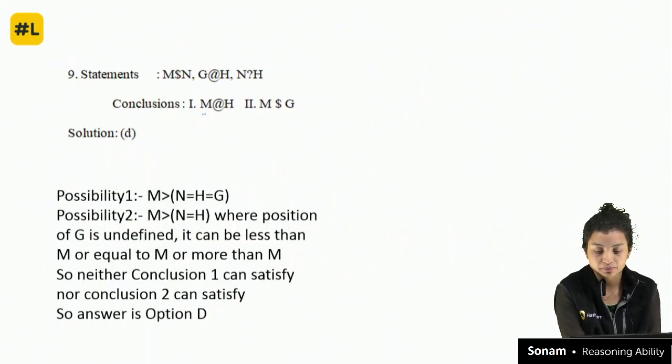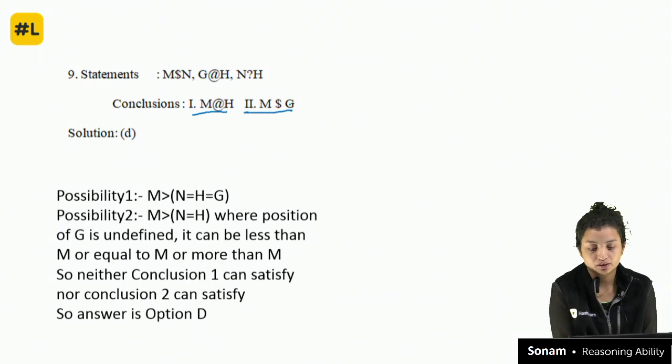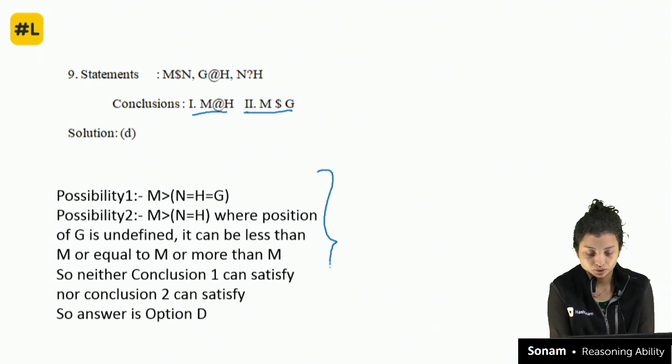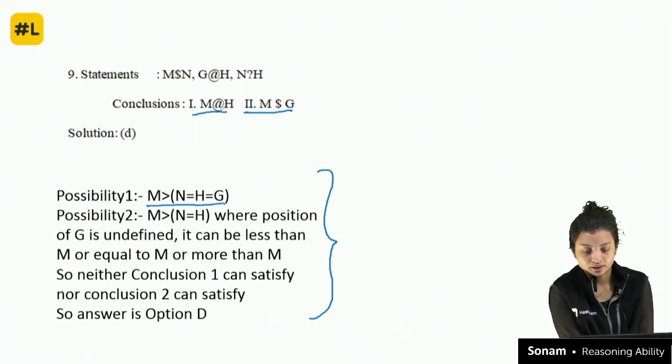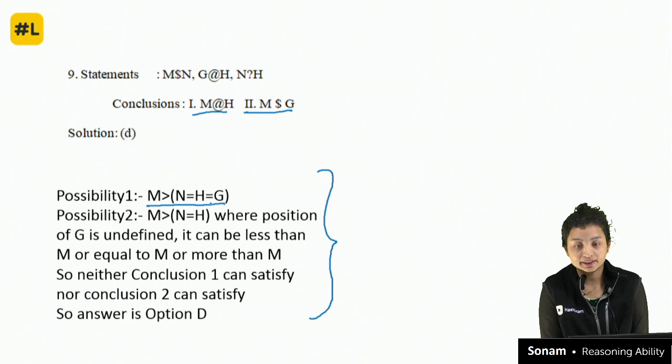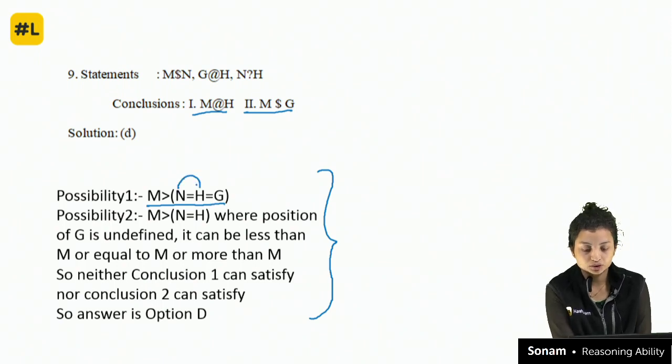So these are the statements given to you, correct? Conclusion 1 and conclusion 2. It's a very simple thing to understand. Just quickly read the possibilities. Possibility 1, that M is greater than N, N can be equal to H, H can be equal to G, right?